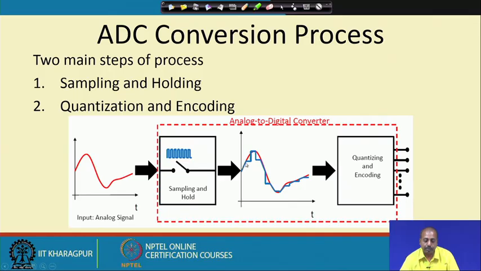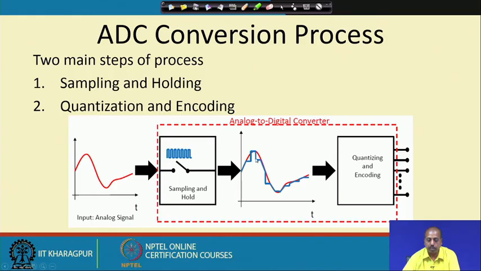If the red line is the analog signal, then depending upon the pulse that we are getting, maybe during this time period the switch is closed, as a result you get this part of the output, but from this point onwards the sampling switch is open, so you do not get any further value. Again at this point the sampling switch is closed, so again you get this part of the red signal.